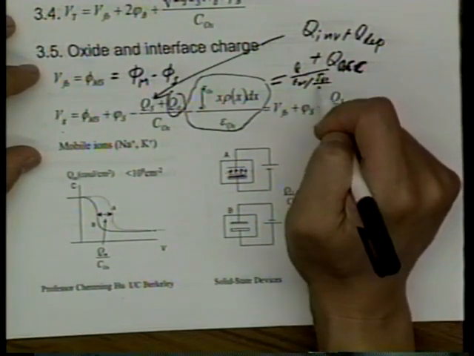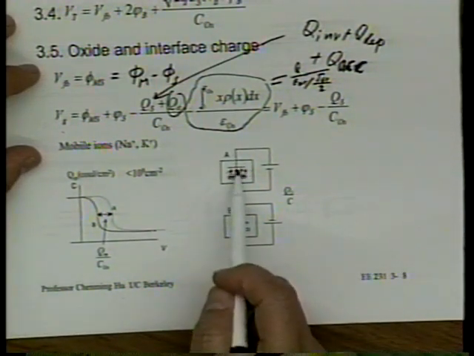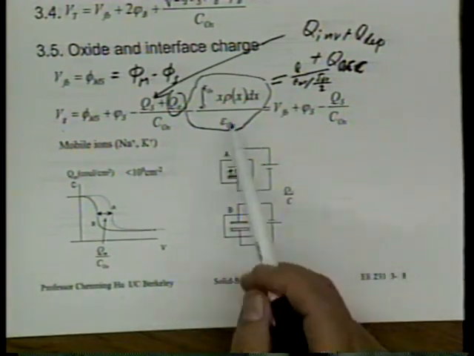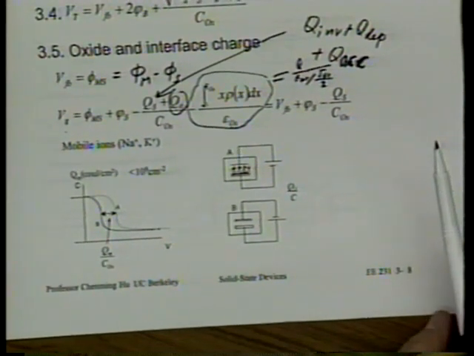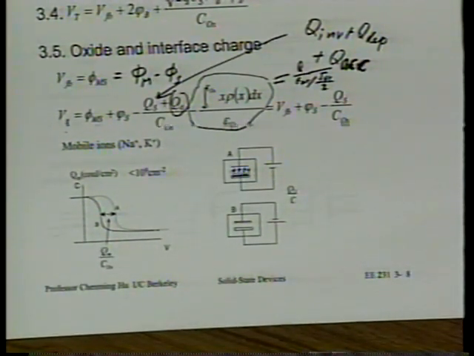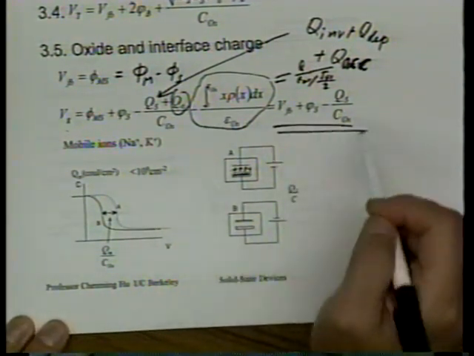Just as you expected, it's as if the capacitance is only that of half of the oxide thickness. You can imagine that. So the physics of this term is not complicated. The math looks complicated.